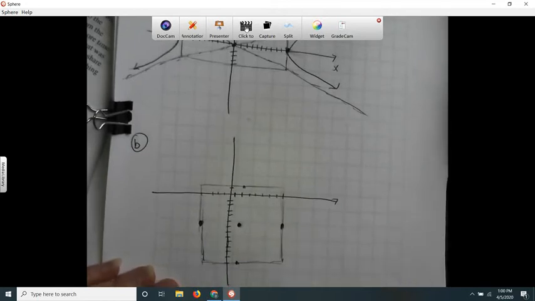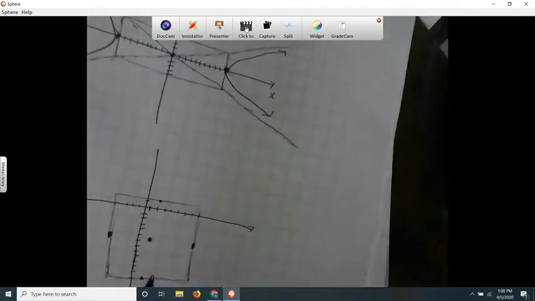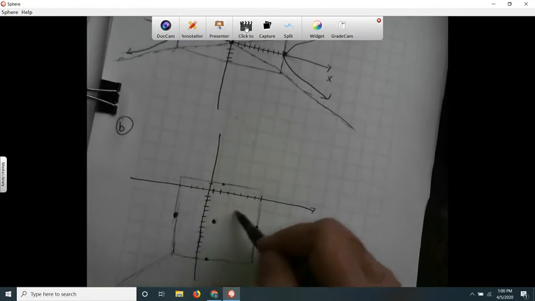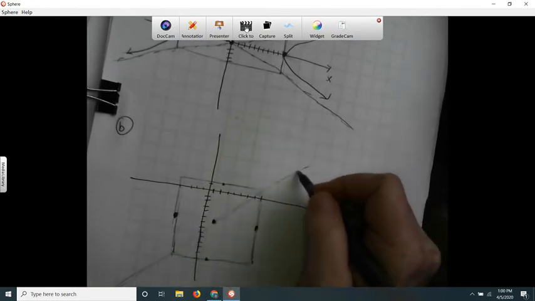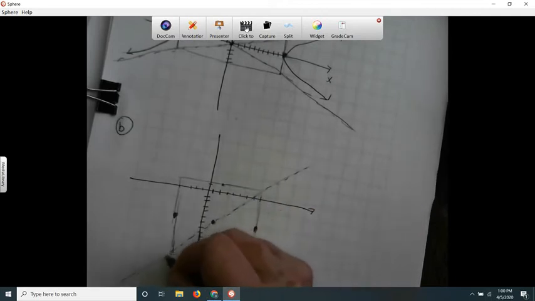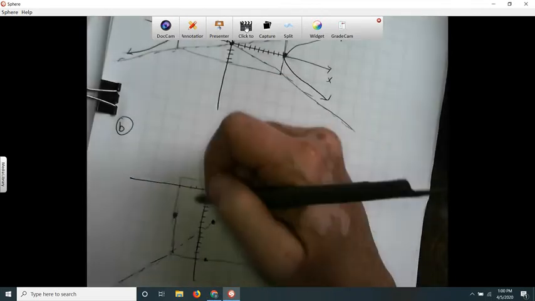And now this one cannot have x-intercepts. It's only going to have y-intercepts. So that means it's, oh boy. I'll try to make a straight dotted line. It's going to have only y-intercepts, not x-intercepts though.